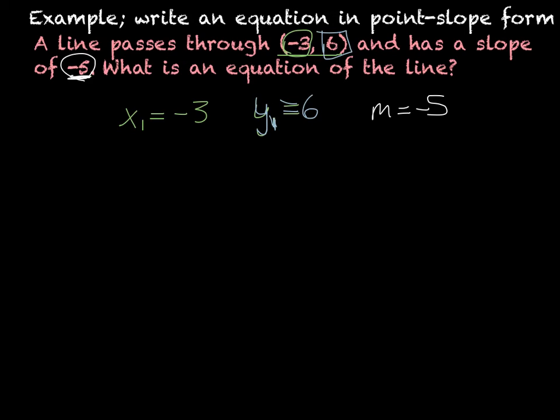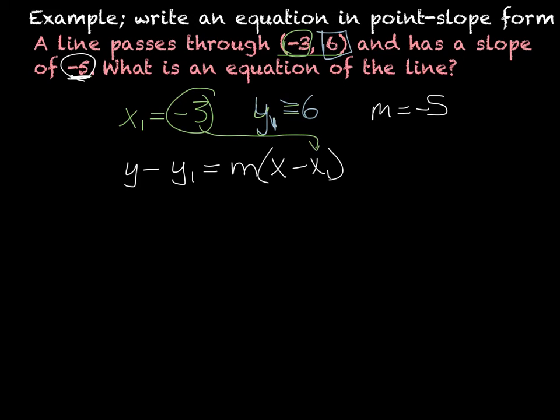Now I just put this into my formula. So, to remind myself of the formula, y minus y sub 1 equals m times the quantity x minus x sub 1. So I put in the numbers I know. My x sub 1 is going to go in with the x sub 1. My y sub 1 is going to go in with the y sub 1. And my m is going to go in where the m is.